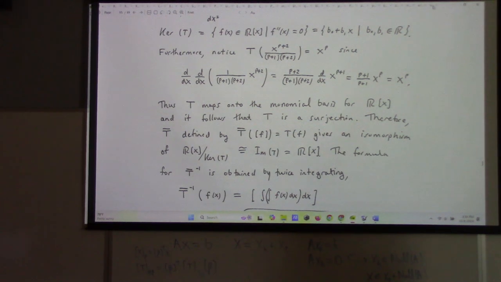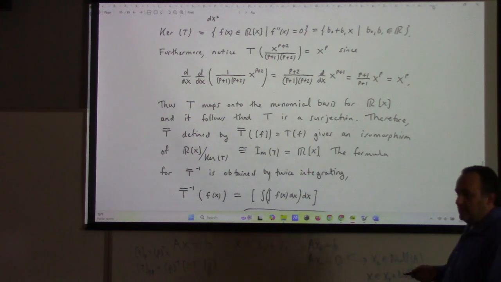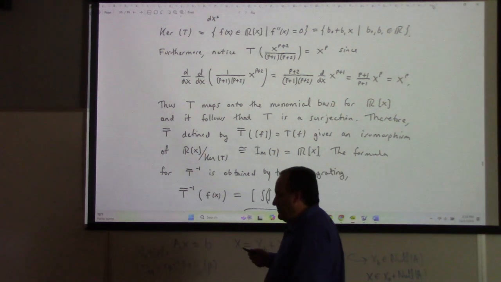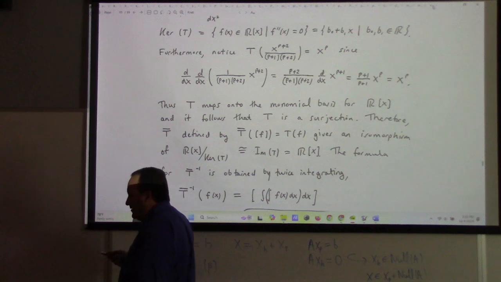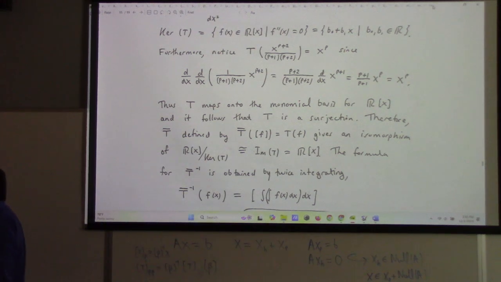And that's the constants of integration. Ordinarily, if I was just working with polynomials and not quotient spaces, that wouldn't be an honest formula, right? Because I'd be adding a constant. That's not one thing, it's a whole class of things if I have to make an arbitrary constant, right?